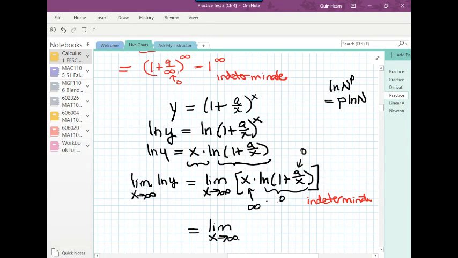So if we were to try to take the limit as x goes to infinity of the natural log of y, that would be the limit as x goes to infinity of x times the natural log of 1 plus a over x. Okay, let's see if this is still an indeterminate form.